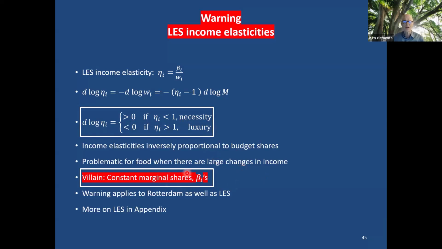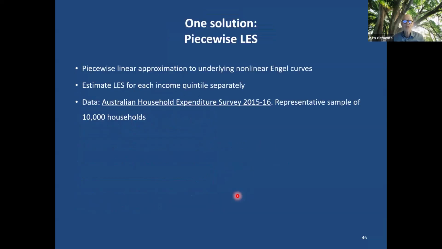So the villain in all of this is the assumption of constant marginal shares in LES, and this can be problematic when there are large changes in income. I should add that this warning applies to the Rotterdam demand model also, as well as LES, because in Rotterdam, the marginal shares are parameterized as being constant also. How to deal with that?